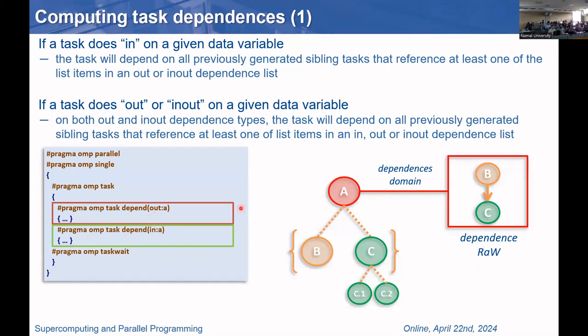So this means that we have the typical task graph that we were having before, but now we have an arrow in this direction from B to C, which is actually represented here. So we will not execute B in parallel with C because we have this dependence. This is implementing the task graph that we want to support, which is the dependence read after write. This is the read and this is the write.